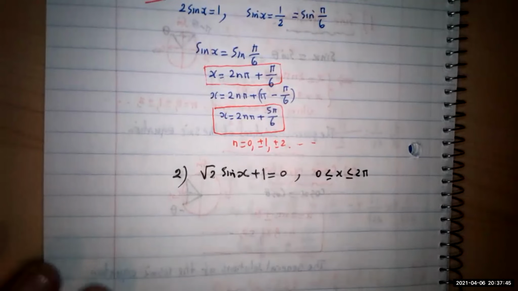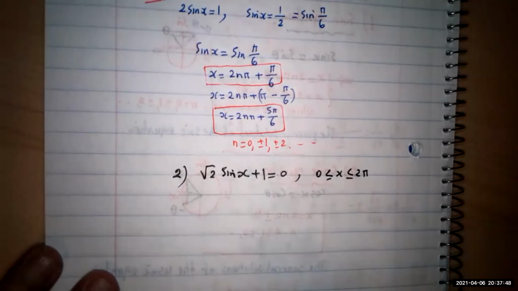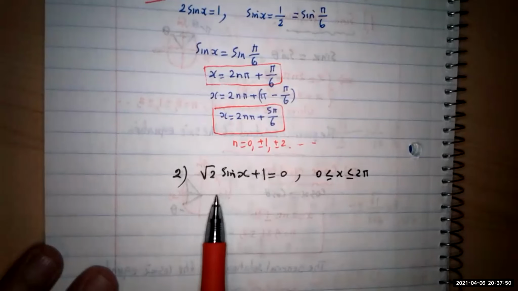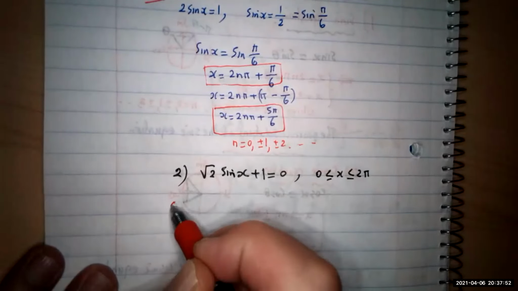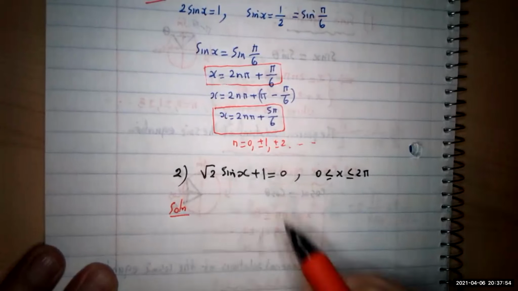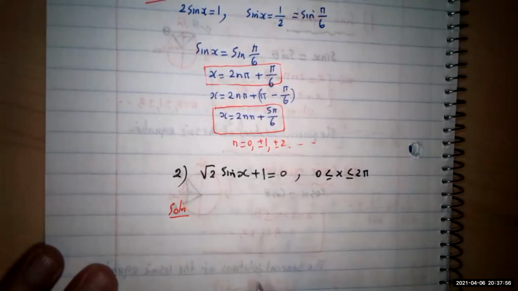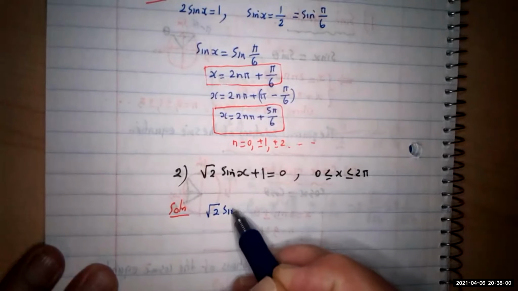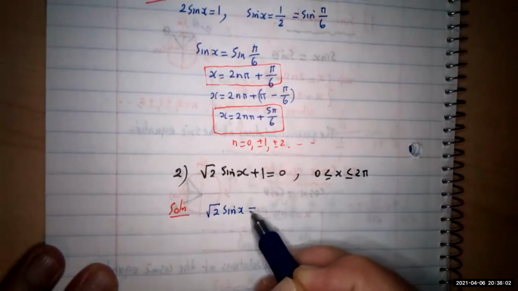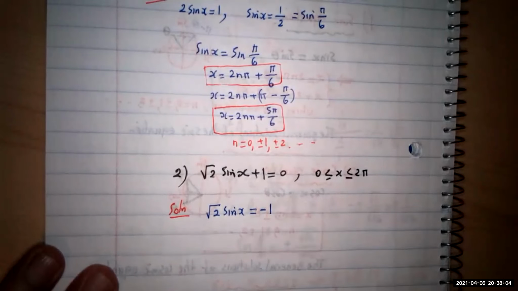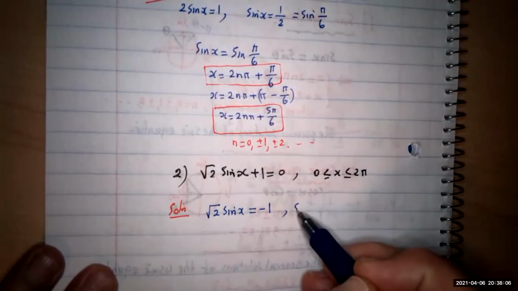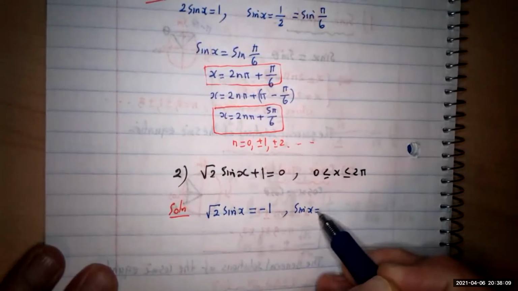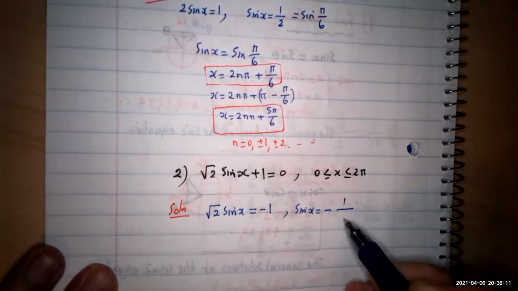Now, how are you going to do it? You just ignore this one and go ahead. The solution is going to be, first we have to isolate it. So it's going to be radical 2 sine x equal to -1. Then you find the sine x. Sine x is equal to -1 over radical 2.